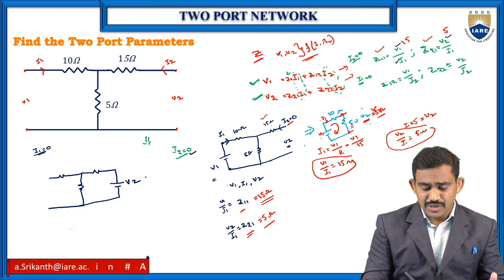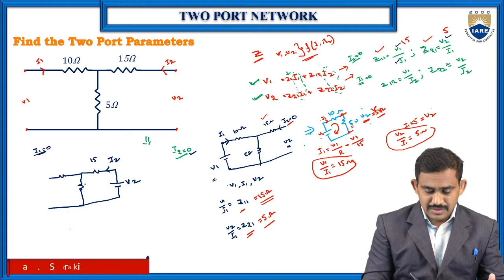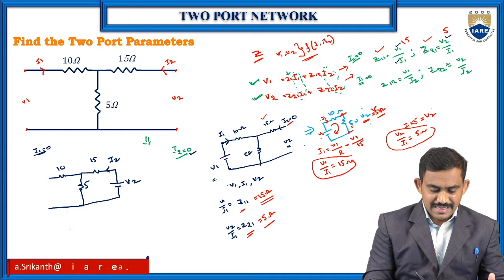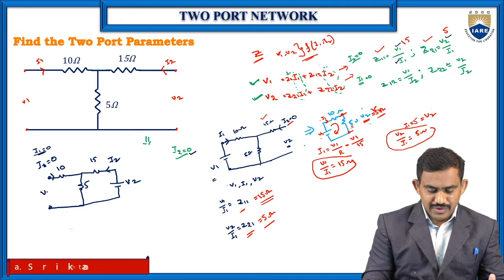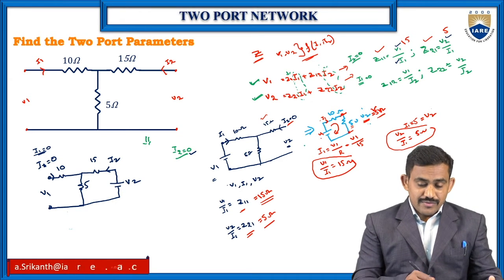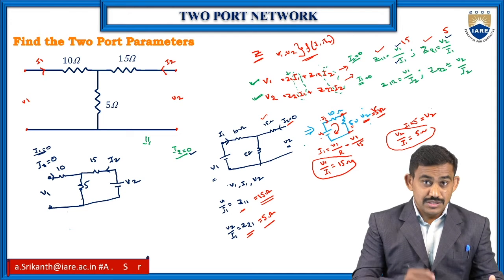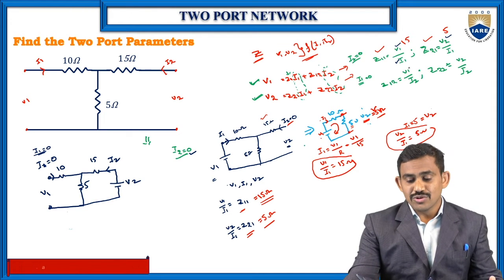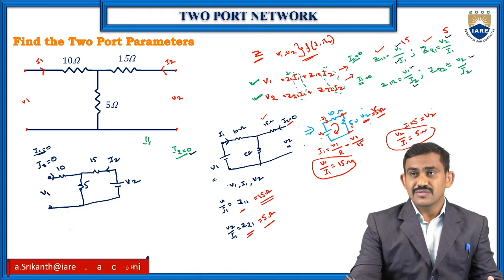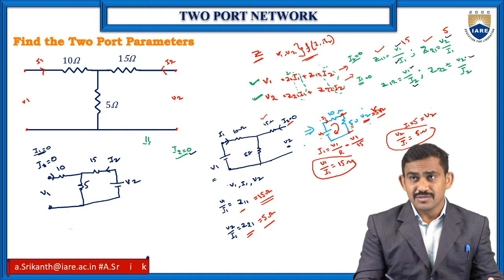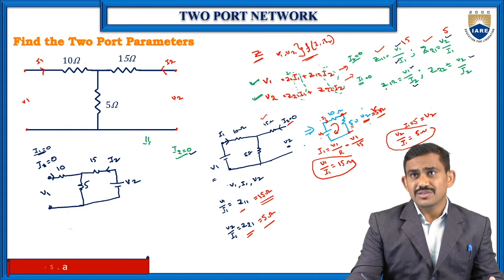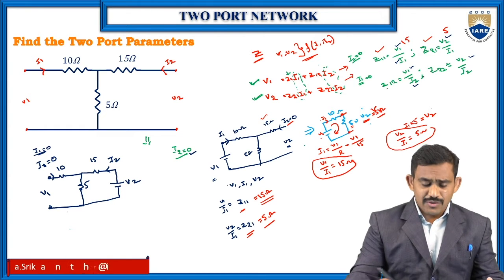Now find out the I2 current, with the 15 ohms, 5 ohms and 10 ohms. Here I1 is 0, so I require V1. When I1 is 0, I need to know the V1 value, I2 value and V2 value. If I get V1, V2 and I2, I will find out the Z12 value and Z22 value.